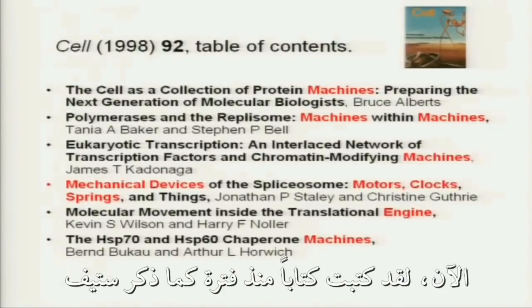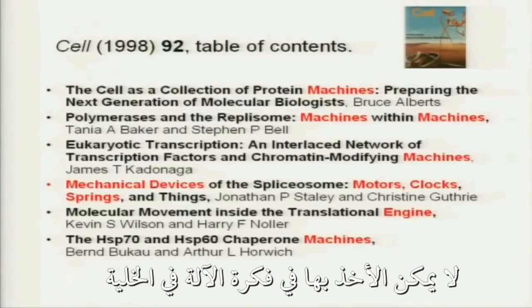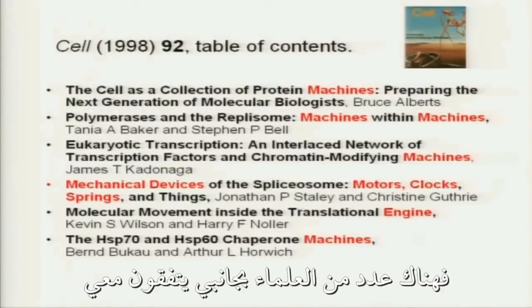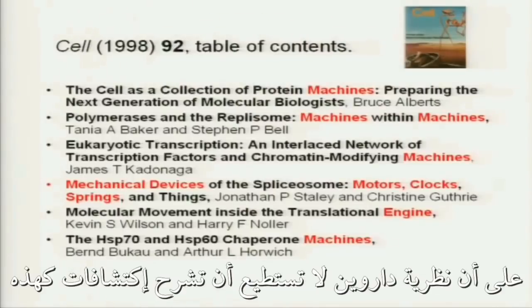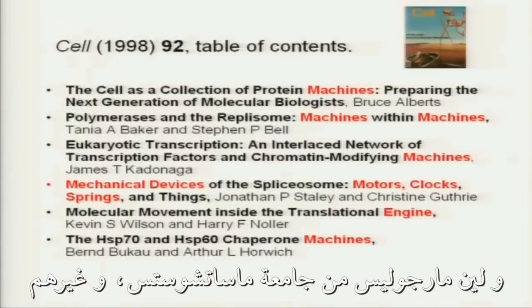Now, I wrote a book a while back, as Steve mentioned, arguing that Darwin's theory could not account for this machinery in the cell. It turns out that's not all that controversial. There are a number of scientists besides myself who agree that Darwin's theory is not up to explaining such discoveries, people like Stuart Kauffman of the University of Calgary and Lynn Margulis at the University of Massachusetts and so on.